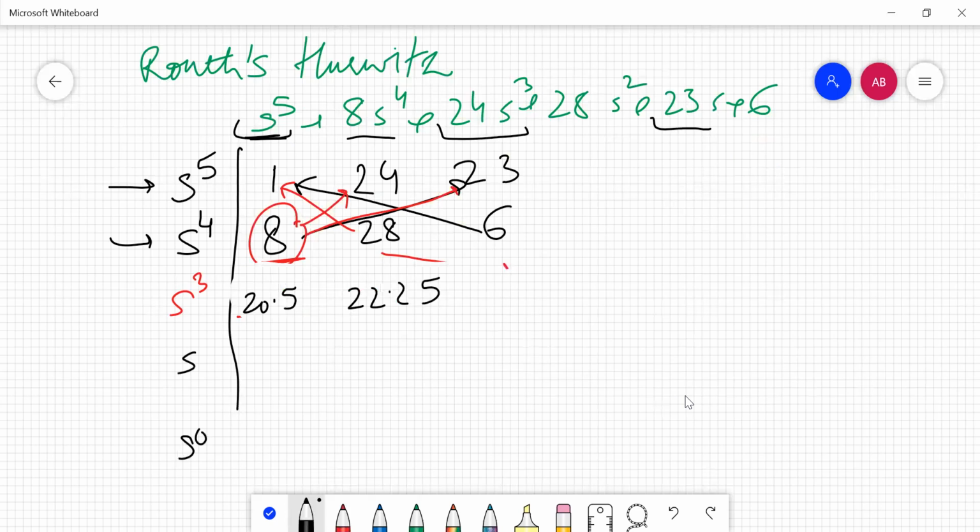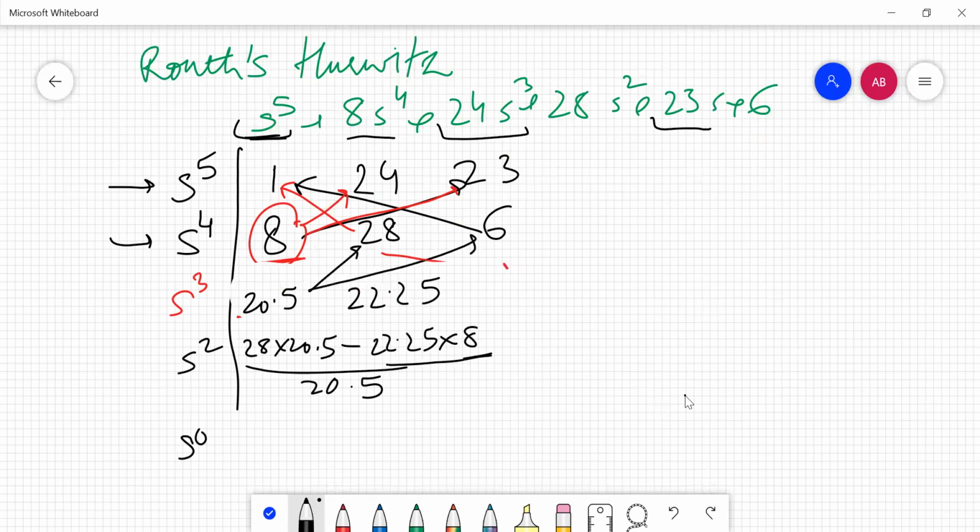So again, you are going to get for your S square, 28 into 20.5 minus 22.25 multiplied by 8, divided by 20.5. Similarly, for the second element, you go for 20.5 into 6 minus, here when nothing is there, it is equal to 0.